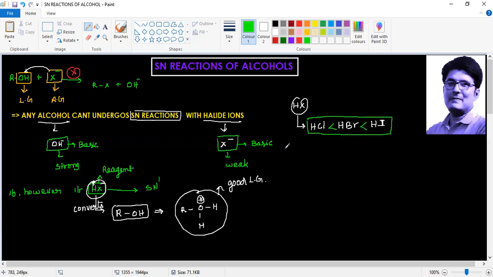Actually, we know that SN1 reactions are favored by what? SN1 reaction is favored by tertiary alcohols, and SN2 reaction is favored by primary alcohols.